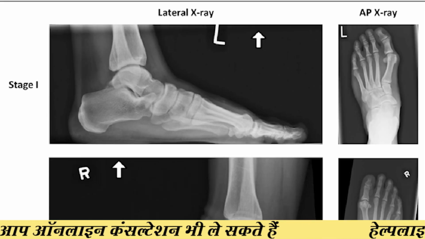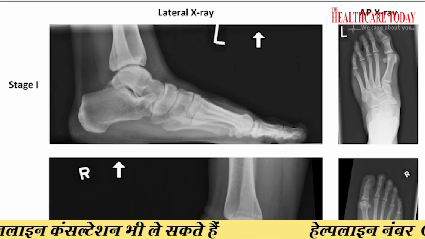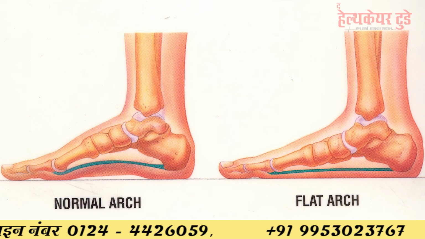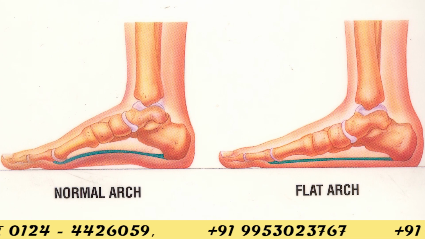Adult acquired flat foot develops in different grades between the start and the full-fledged stage. Grade 1 has no deformity, grade 2 very minimal deformity, grade 3 some deformity, and grade 4 is a totally deformed foot. So if you identify this condition very early and take measures and treatment, there is a very good chance that you may defer the progression of this condition.